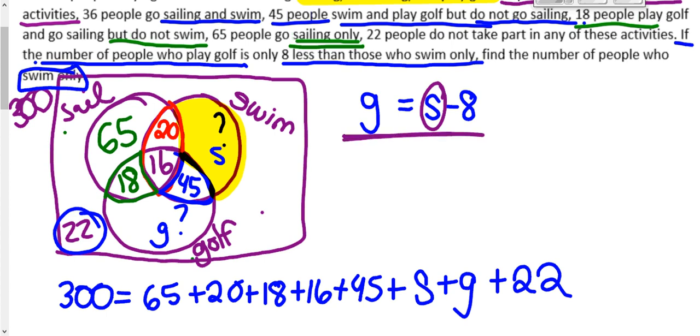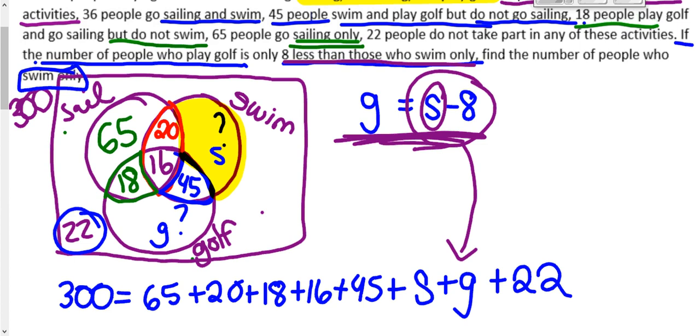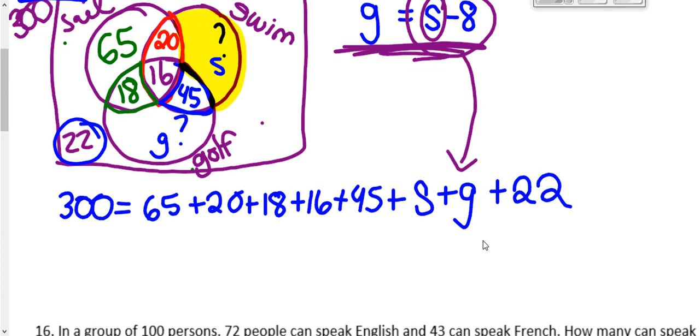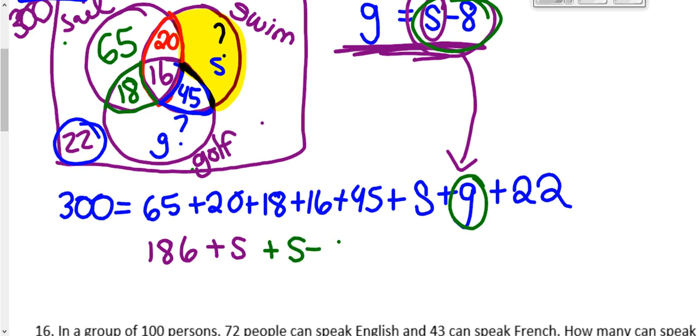So what we can do is we have this equation that we got from this 8 less statement, and we can take G equals, so instead of G, we can write S minus 8. So if we add up all these numbers, if you did 65 plus 20 plus 18 plus 16 plus 45 plus 22, you would get 186 plus S, and then remember, instead of G, we're going to write S minus 8. So we have plus S minus 8 equals 300.